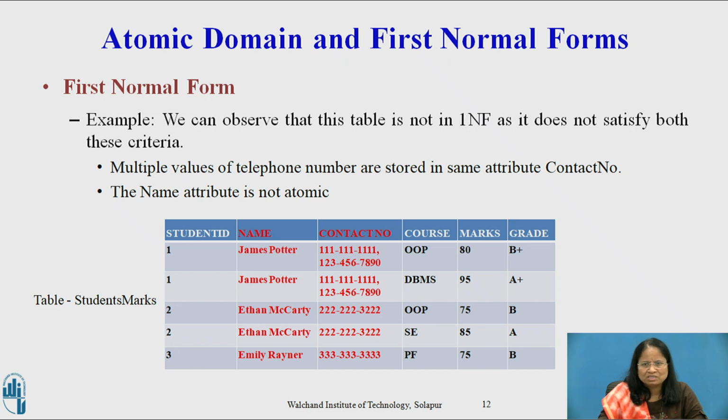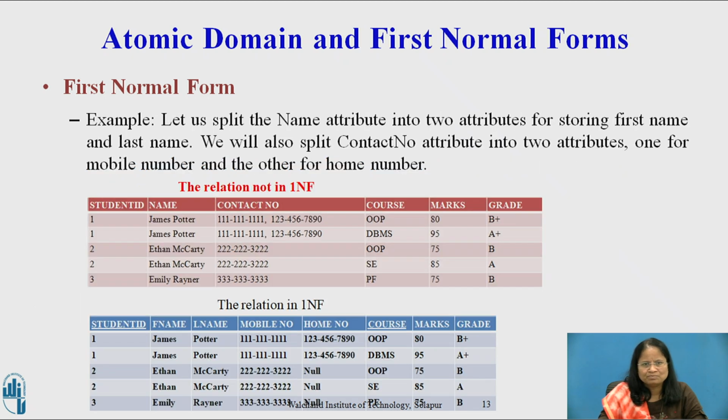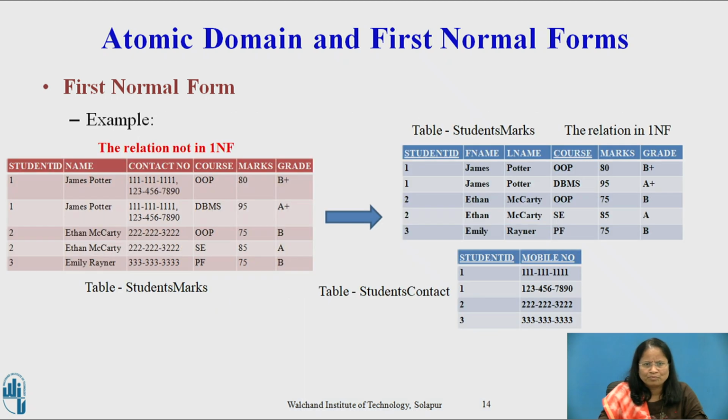For each name, first name and last name is mentioned. So split the name attribute into two attributes, fname and lname, for storing first name and last name respectively. We'll also split the contact number attribute into two attributes, one for mobile number and the other for home number. This leads us to the student marks table provided below.